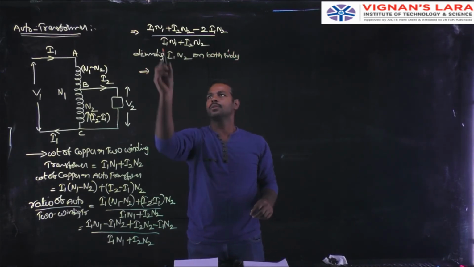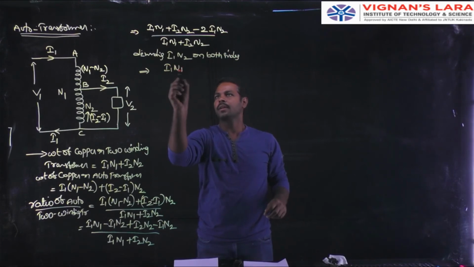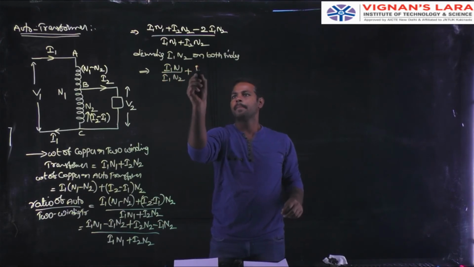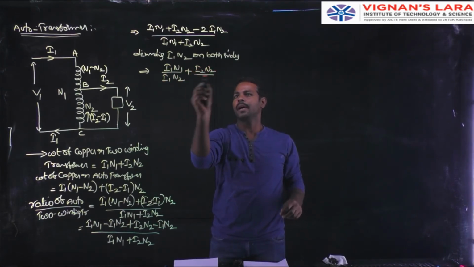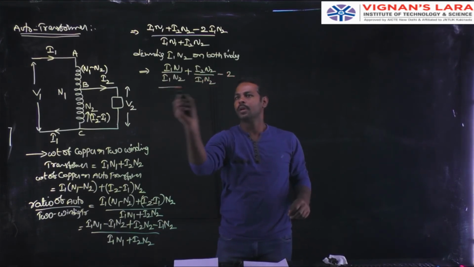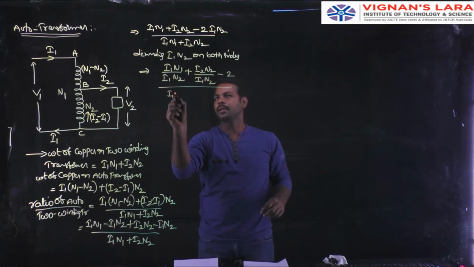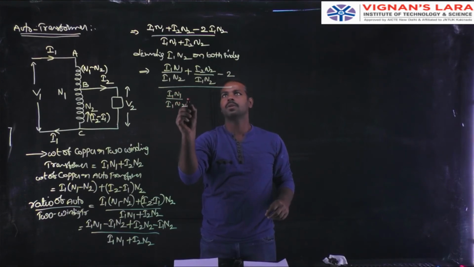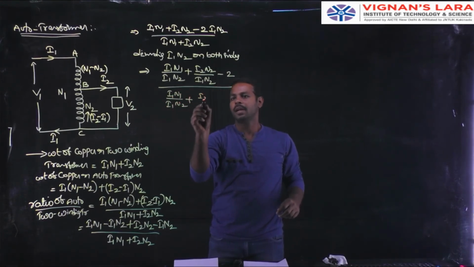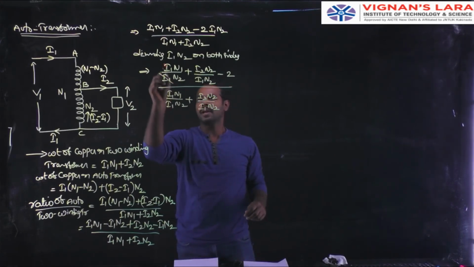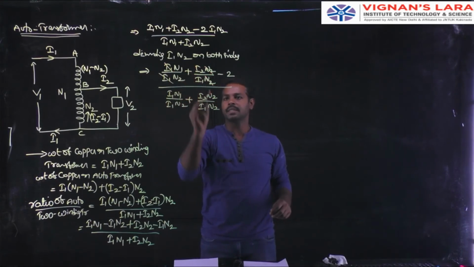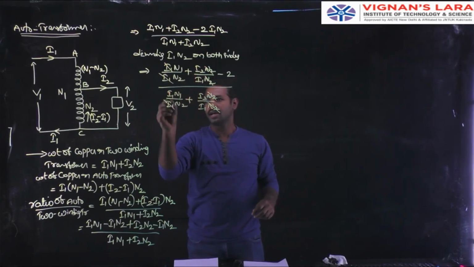So which is equal to I1 N1 divided by I1 N2 plus I2 N2 divided by I1 N2 minus 2, divided by I1 N1 divided by I1 N2 plus I2 N2 divided by I1 N2. I1 gets cancelled, N2 gets cancelled, N2 gets cancelled, I1 gets cancelled.